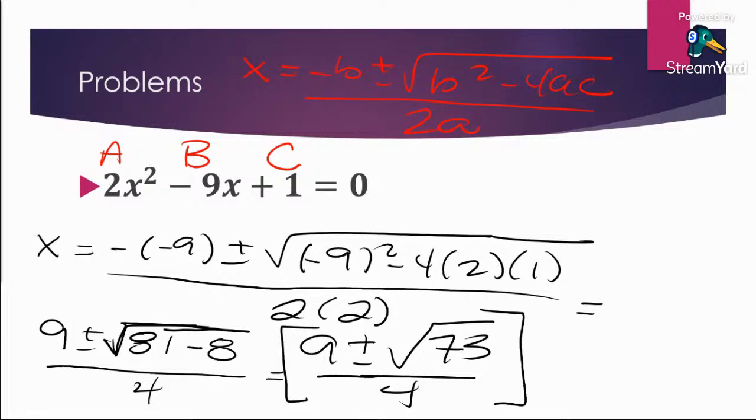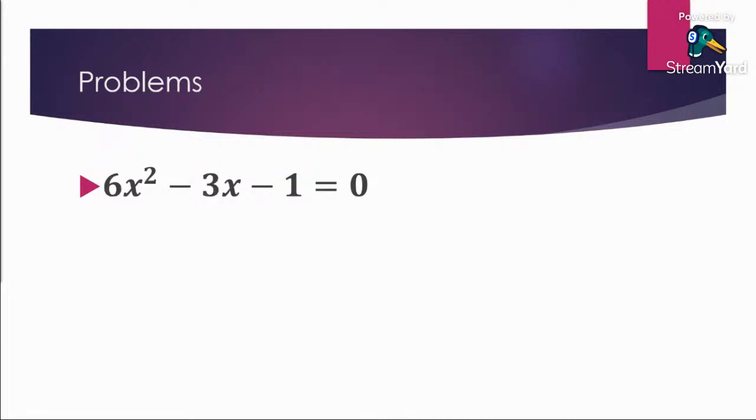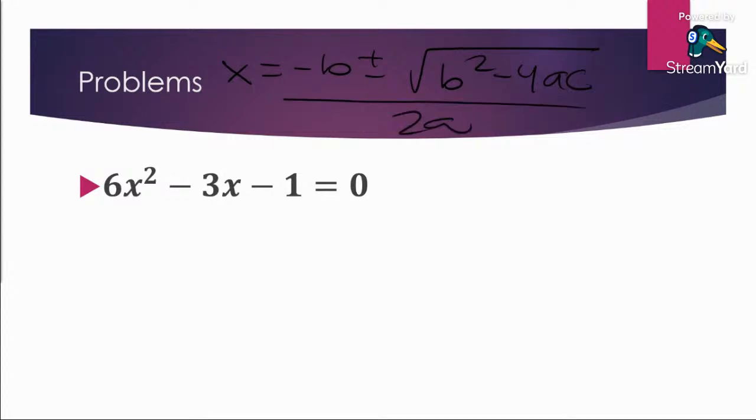Here we go, let's try the next problem. The next problem we have is 6x squared minus 3x minus 1 equals 0. We're going to use the same quadratic formula: x equals negative b plus or minus the square root of b squared minus 4ac, all over 2a.